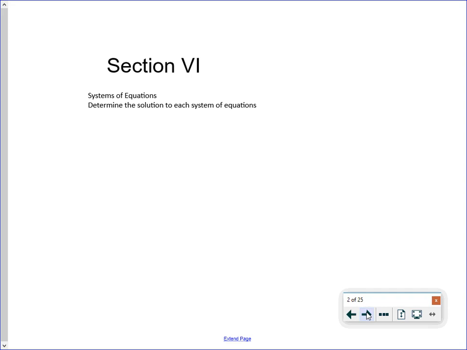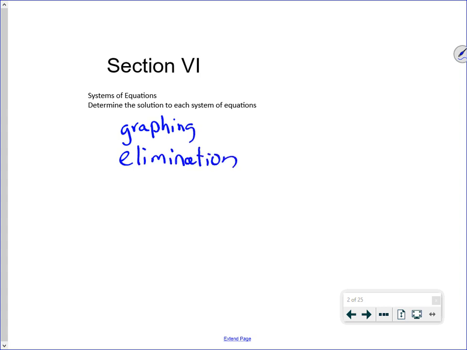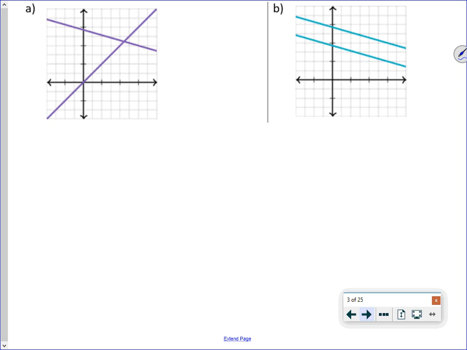The first section is solving systems of equations. We learned 3 ways to solve systems of equations: graphing, elimination, and substitution. The first example here is graphing.